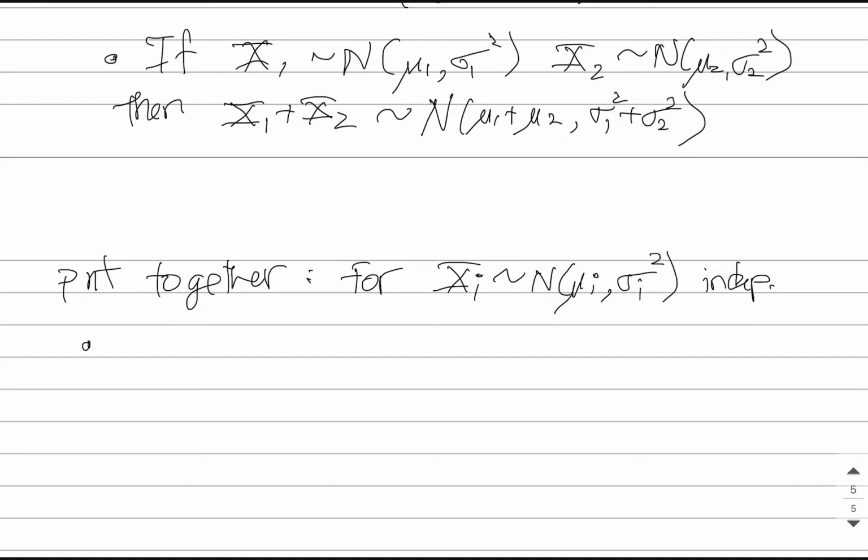It will turn out that if we take this usual generalized combination of them, this combination will still be normal. Now, it's a little bit messy to write here. We'll have the sum of this a_i mu_i plus b as the mean. So basically, you're just adding up all the individual means and shifting it by this b.